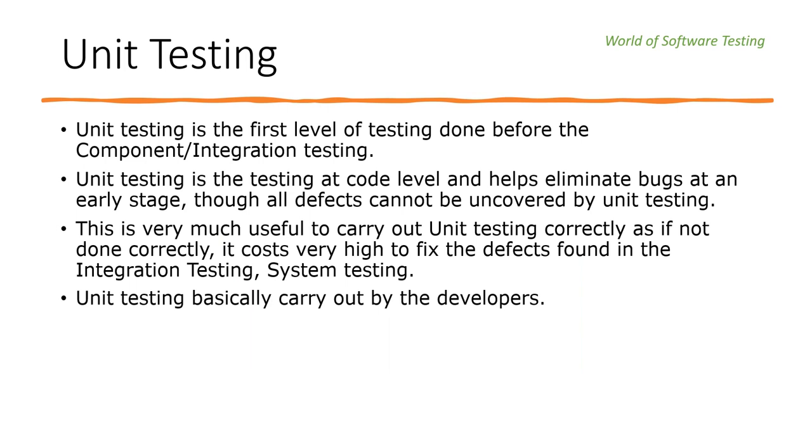Though not all defects can be uncovered by unit testing, it is very useful to carry it out correctly, because if not, it costs very high to fix the defects found in integration testing and system testing, as compared to the coding phase. So it's very important to carry out unit testing correctly.